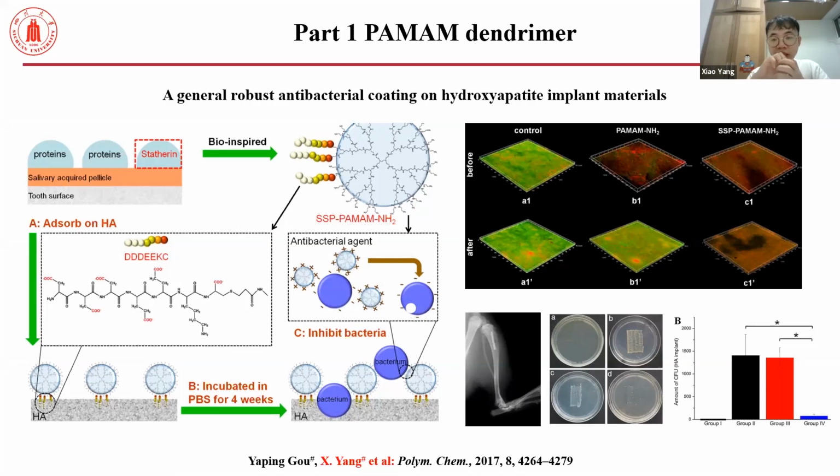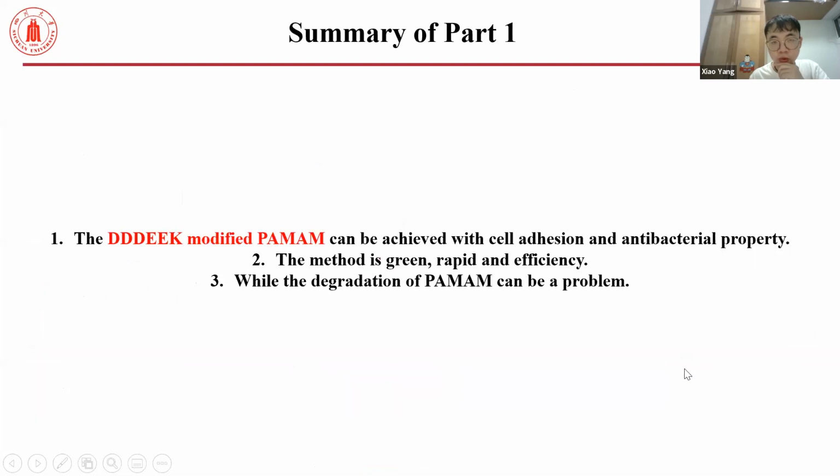We did this in vitro and in vivo, and we can see it has good antibacterial properties in vitro and in vivo. In summary of this part, DDDEEK-modified PAMAM can achieve cell adhesion and antibacterial properties.